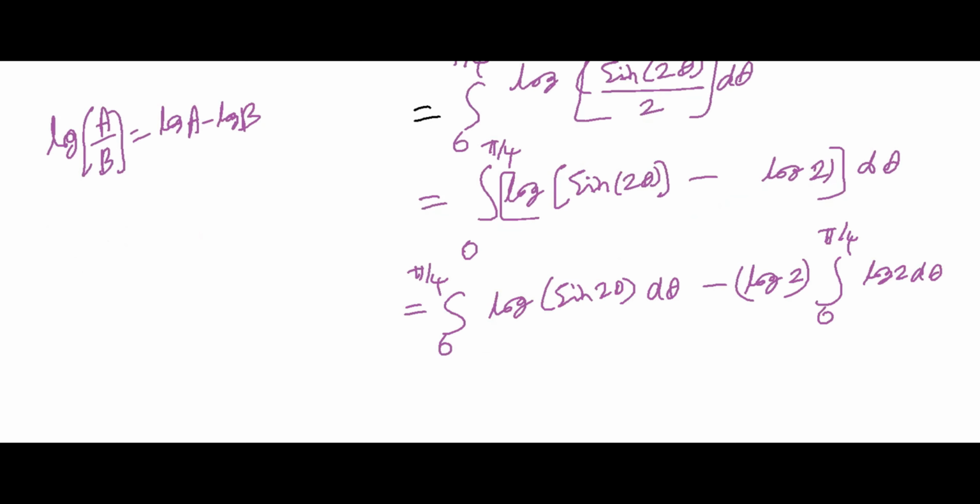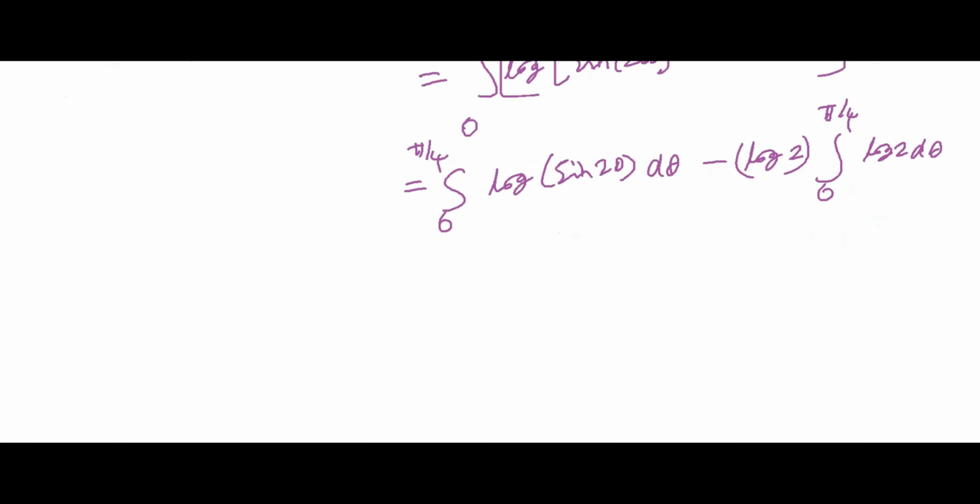Okay, now here it is 2 theta, so here what I will do now? Log 2 is already taken out, so no need to write here. Here 2 theta is there now. I don't want 2 theta, so I am going to put 2 theta is equal to t.